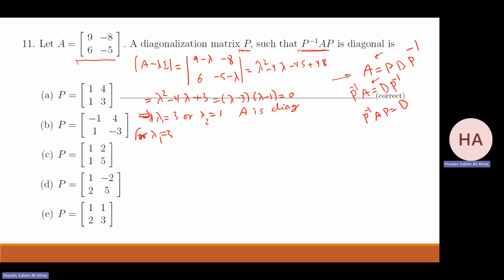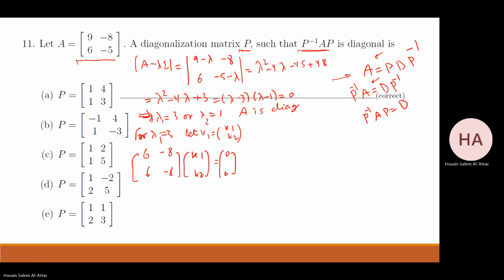Okay. Well, lambda 1 equal 3, I let V1 to be K1, K2. Let me see what will happen. I have what? 6 minus 8, 6 minus 8 times K1, K2. That equals 0, 0. So what I have, 6K1 minus 8K2, the same.